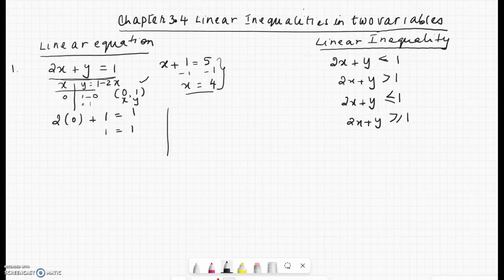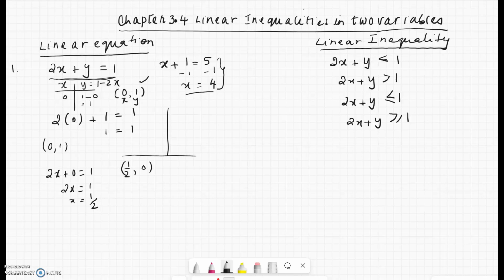If x equals 0, you get 0, 1. And if I plug in y equals 0 to find the x-intercept, 2x plus 0 equals 1. So 2x is equal to 1, x equals half.